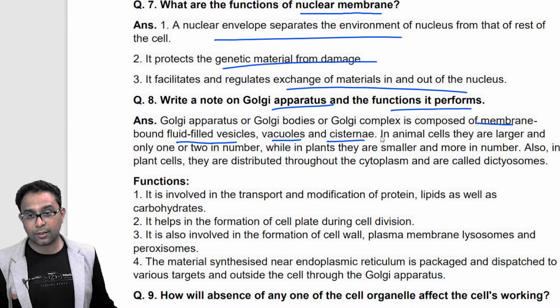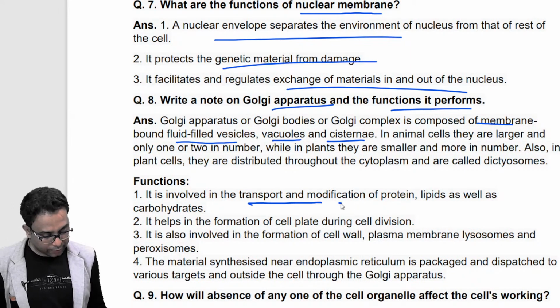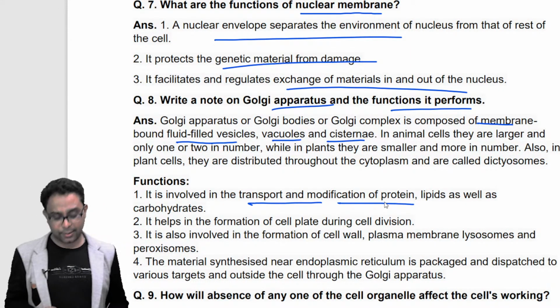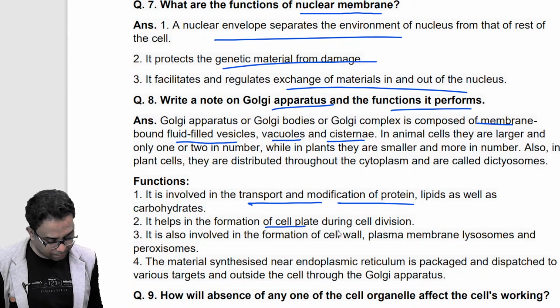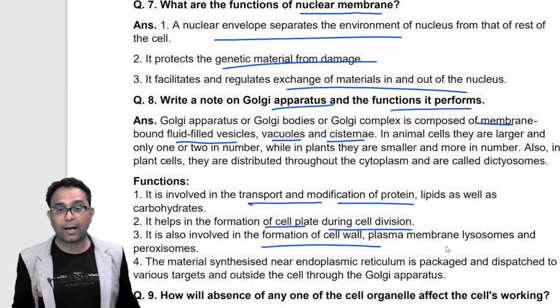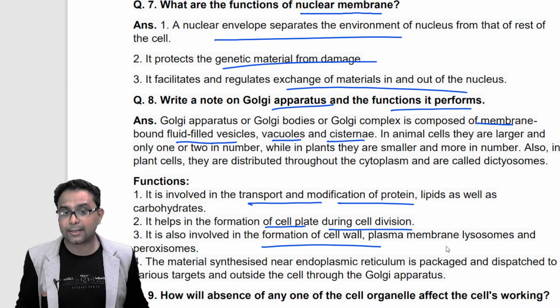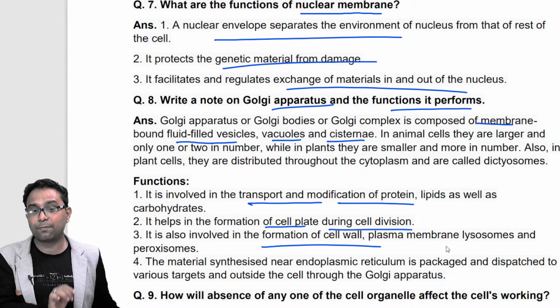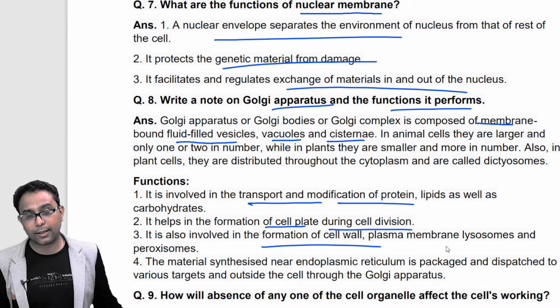They are involved in the transport and modification of proteins, lipids and carbohydrates. It helps in the formation of the cell plate during cell division. It is involved in the formation of the cell wall, and the material synthesized near the endoplasmic reticulum is packaged and dispatched by the Golgi apparatus.